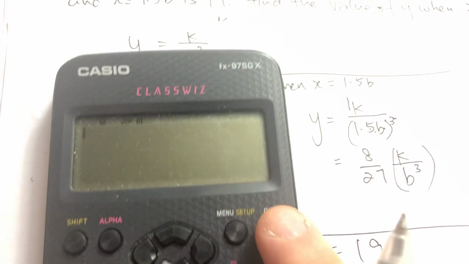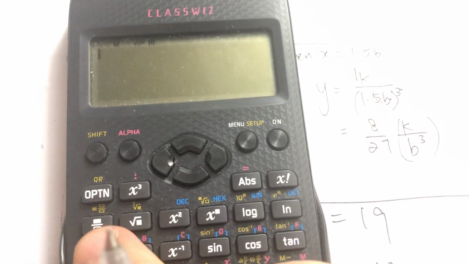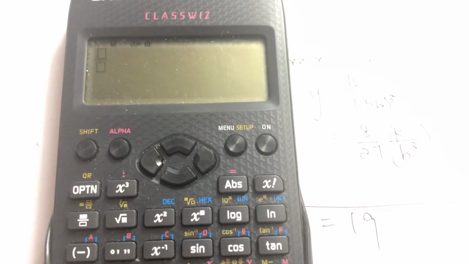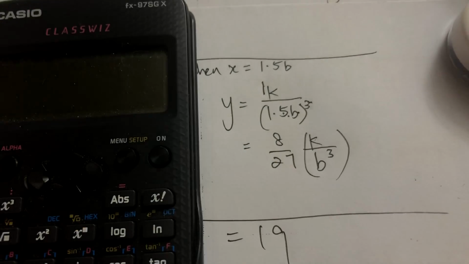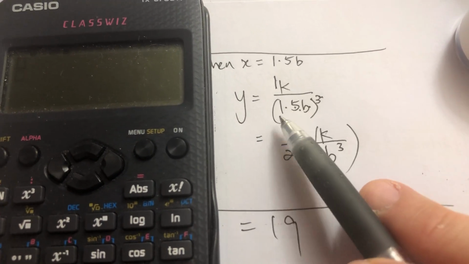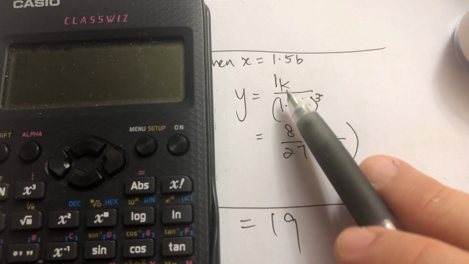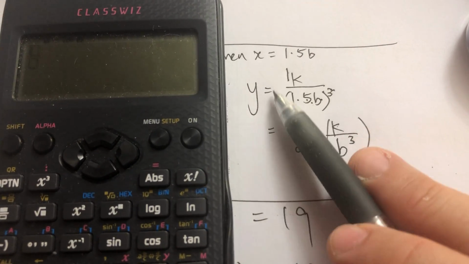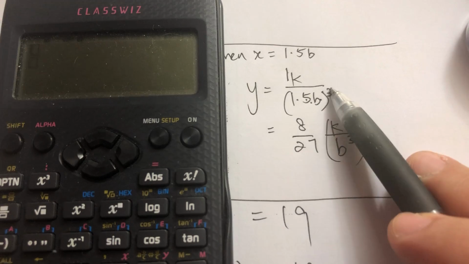Okay, turn on the calculator, you press this fraction icon, and you press 1 over 1.5b. You don't just press 1.5, you don't just press 1.5 cube, you press 1 over 1.5 cube. Why?